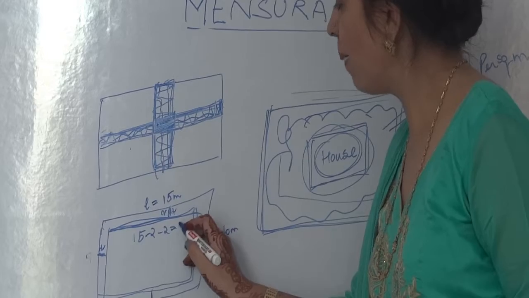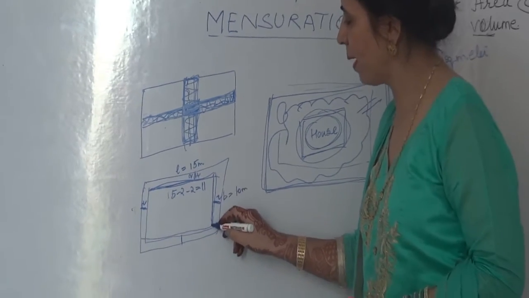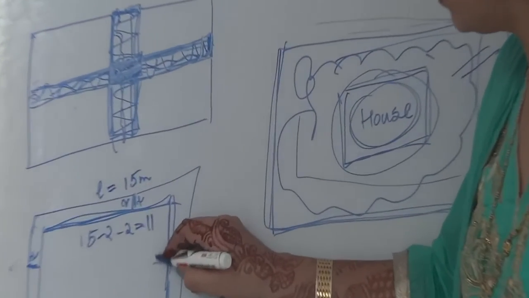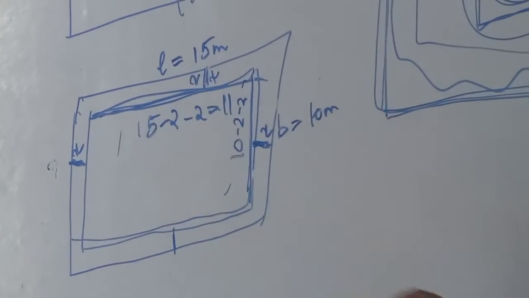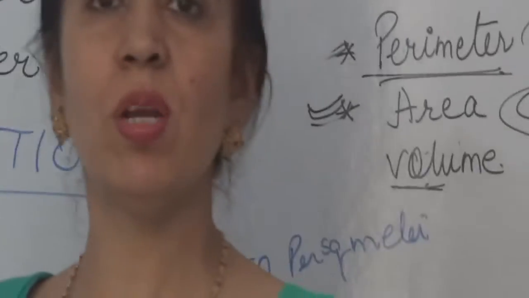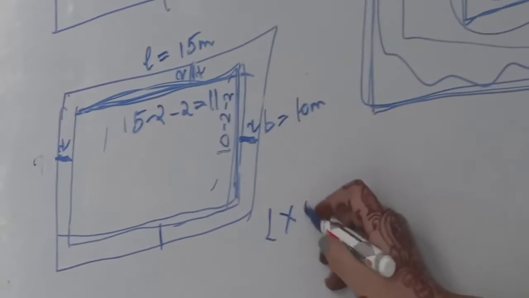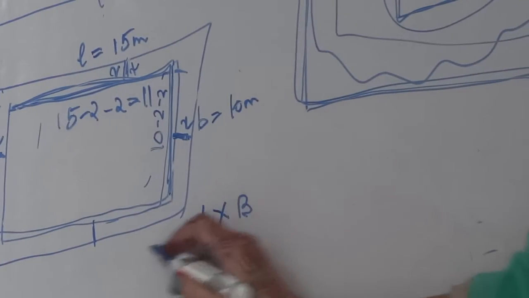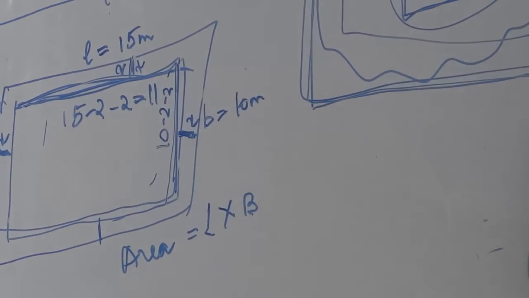So the length of the land becomes 11 meters and the breadth of the land becomes again 10 minus 2 minus 2. That becomes the inner part of the land which we did not know. Once you know the dimensions, it is easy to calculate by applying the formula length multiplied by breadth, which is the area of a rectangle.